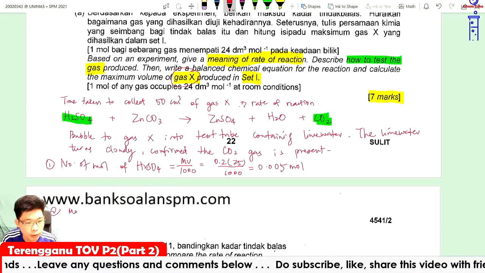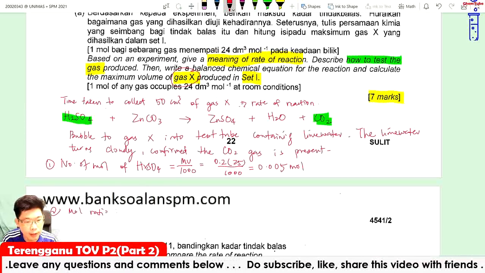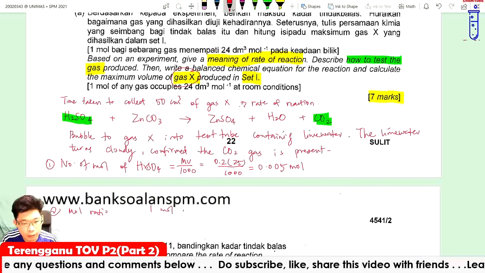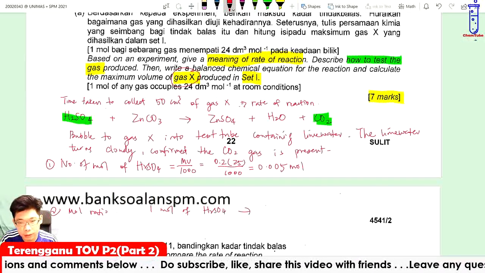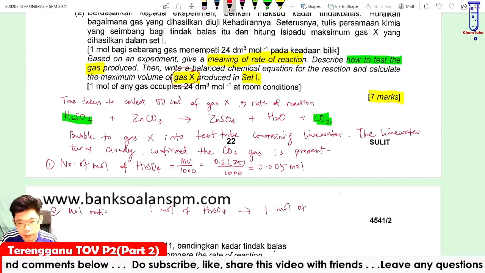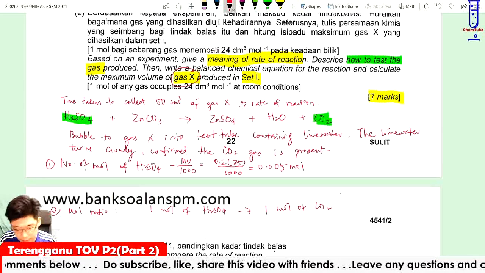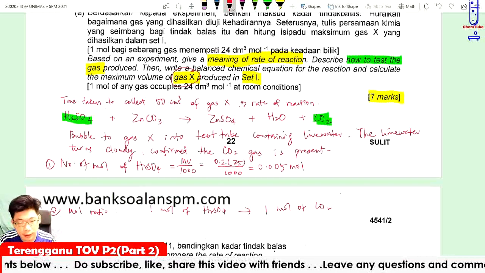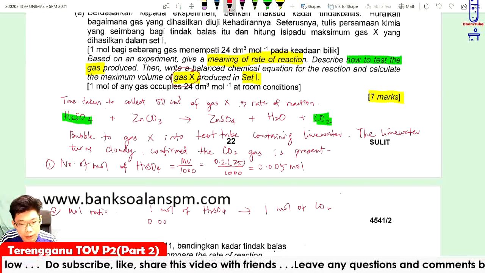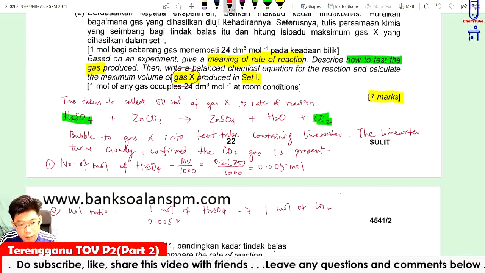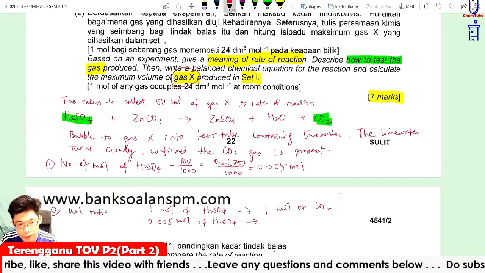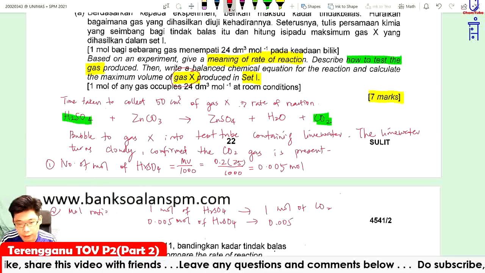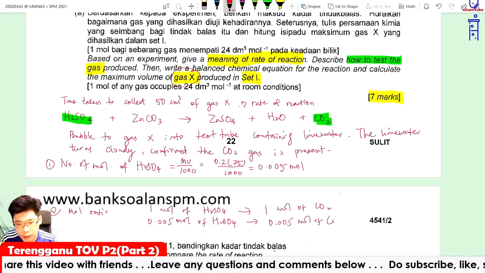Then after that we do the mole ratio. 1 mole of sulfuric acid produces 1 mole of carbon dioxide. So if 0.005 mole of sulfuric acid, it will produce the same mole, 0.005 mole of carbon dioxide.